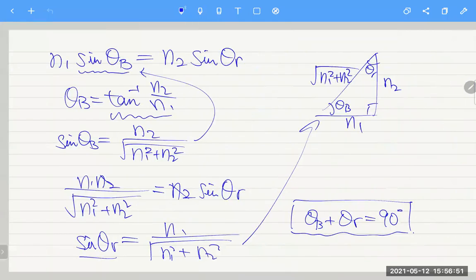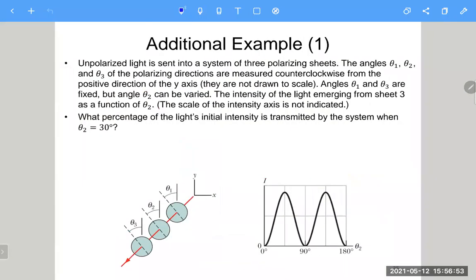Okay, so we still have 2 additional examples to cover to finish off this chapter. So this one says unpolarized light is sent into a system of 3 polarizing sheets. The angles theta 1, theta 2, and theta 3 of the polarizing direction are measured counterclockwise from the positive direction of the y-axis.